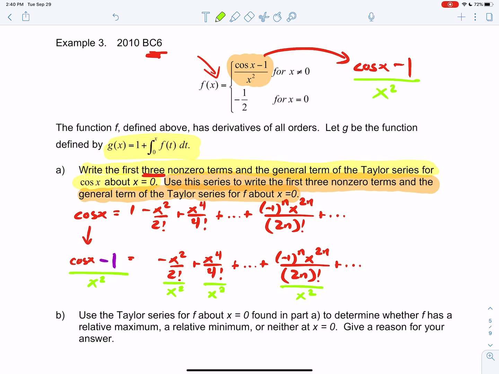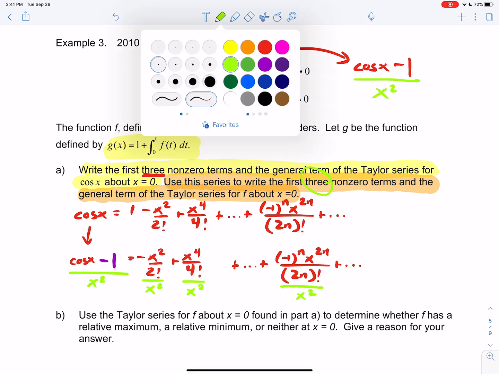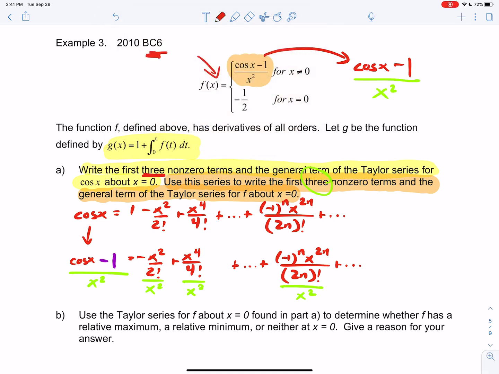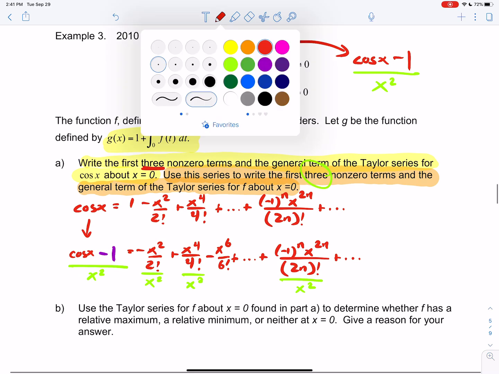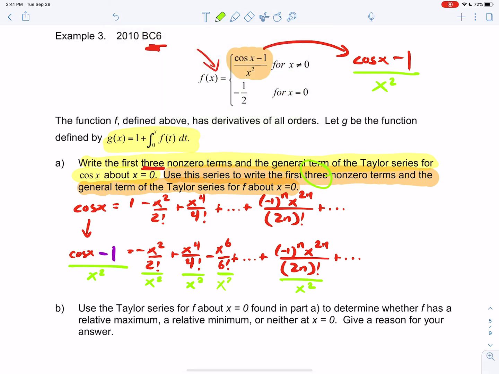If you guys notice, it says the first 3 non-zero terms. Because I got rid of that 1 at the beginning, I actually only have 2 terms right here. So I'm going to go ahead and bump that over so that I have room. So that next term should be minus x to the 6 over 6 factorial. And I'm going to go ahead and divide that one by x squared as well.